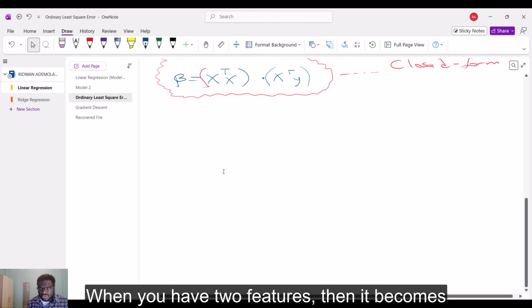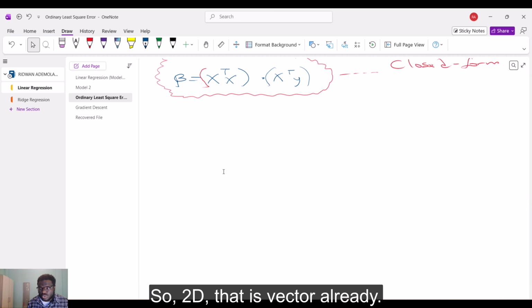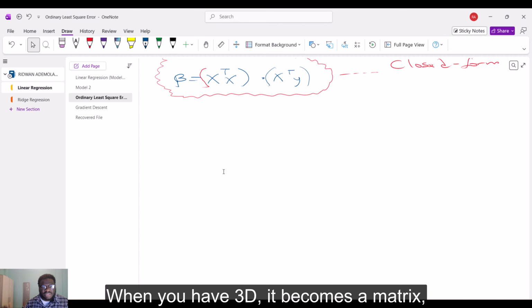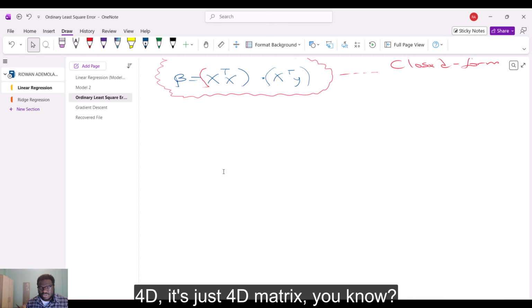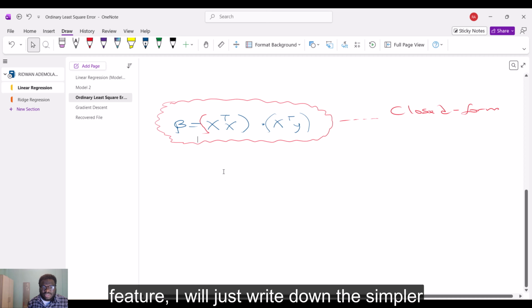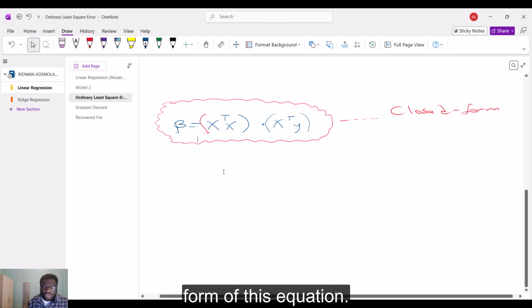When you have two features, then it becomes 2D, that is a vector already. You cannot do without it. When you have 1D, it is like a scalar, not scalar per se, but 1D. But when you have 2D, it becomes a 2D vector. When you have 3D, it becomes a matrix, 4D, it's just a 4D matrix. So in this case, we have one feature, I will just write down the simpler form of this equation.